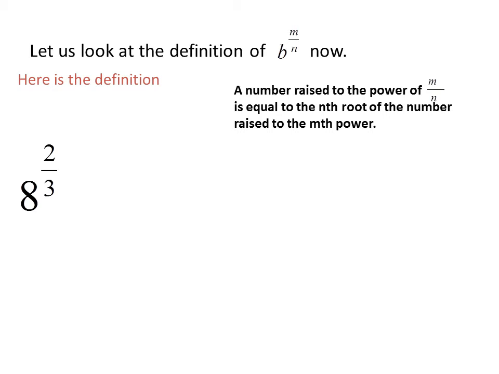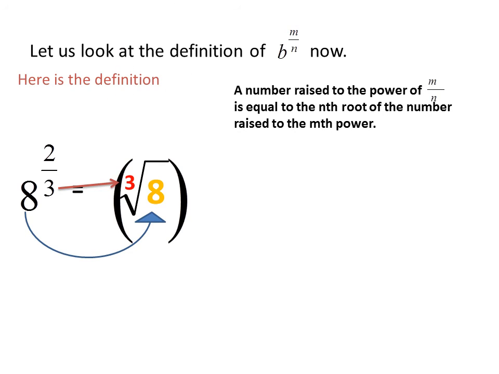Now, follow me with this animation, okay? So, first of all, I have to write the radical side. Now, what do you think is going to go inside the radical? The 8. And what will be the root of this radical? Remember, the root is the denominator. And then I encompass that in the parentheses, and I put the 2 outside.